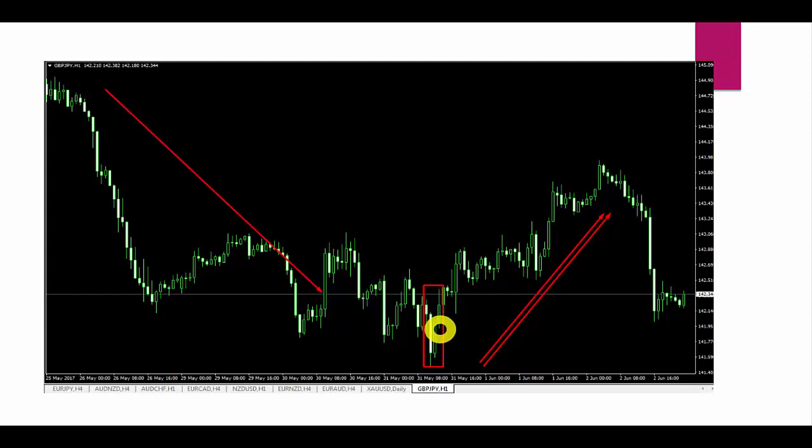Okay, and it has closed above. So here we will wait for some retracement, and after that you can see from this pattern the market went up, with a minimum 1:2 risk to reward ratio. So it's a very important and very effective candlestick pattern. Earlier sellers were in control, but after that the trend changed and bulls took control.